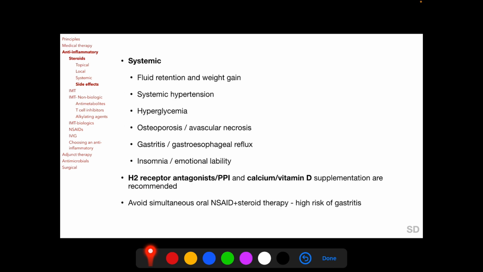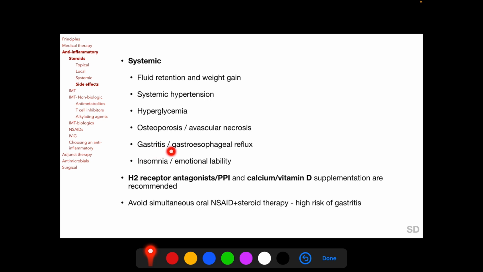Systemic side effects include fluid retention and weight gain. This is very common, and all patients need to be made aware of this. Systemic hypertension, hyperglycemia, osteoporosis and avascular necrosis, gastritis or gastroesophageal reflux, insomnia and emotional lability.